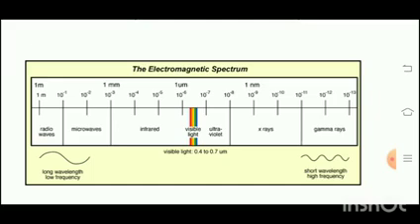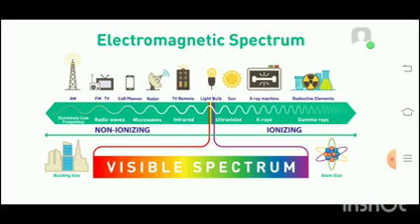So radio waves and microwaves have longer wavelength, and their energy and frequency are very low. On the other hand, gamma rays and X-rays have very high energy and frequencies, and only a short wavelength. These are the normal usages of various radiations.